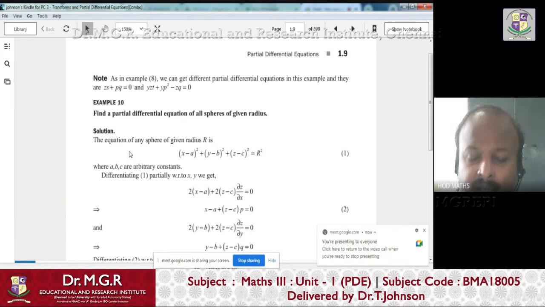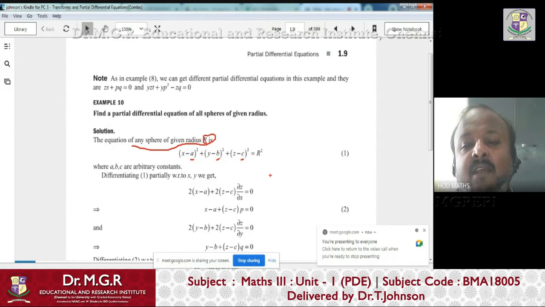So now we can write the equation of a sphere with fixed radius. This R is called a fixed constant. And these a, b, c are the center of the sphere, and they are arbitrary constants because we know they are numbers, but we don't know what the numbers are.